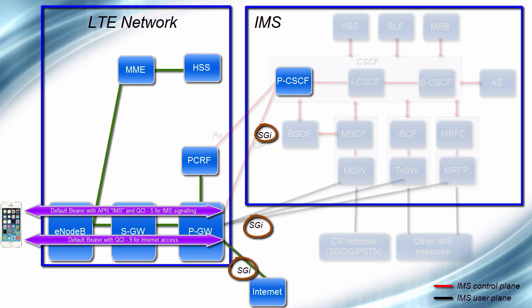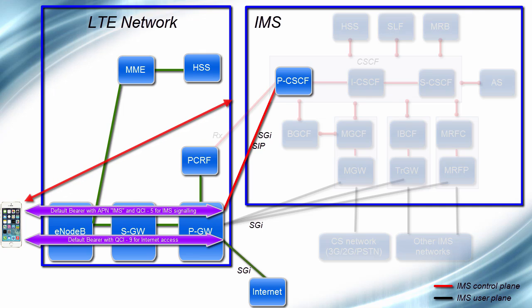Remember, SGi is an IP-based interface. The PDN gateway is connected to the P-CSCF present in IMS through the SGi interface. SIP messages from the UE come to the PDN gateway as user plane data of the IMS default bearer, and the PDN gateway sends them to the P-CSCF over the SGi interface.